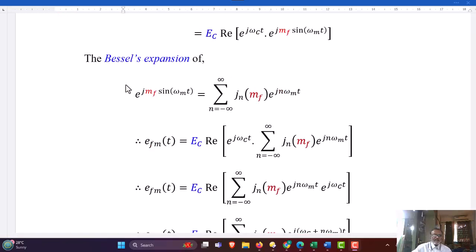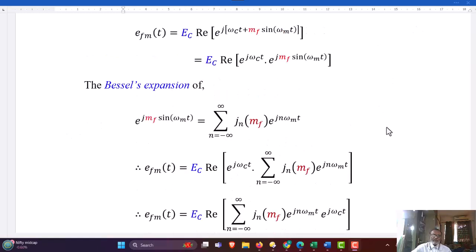The Bessel expansion of e^(jθ), here θ is mf sin(ωmt), is given as the sum over n equal to minus infinity to plus infinity of Jn(mf) e^(jnωmt), whereas Jn(mf) is the Bessel coefficient.